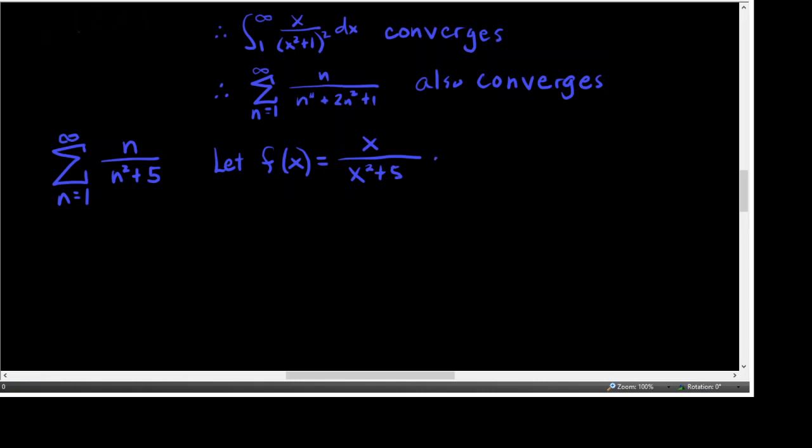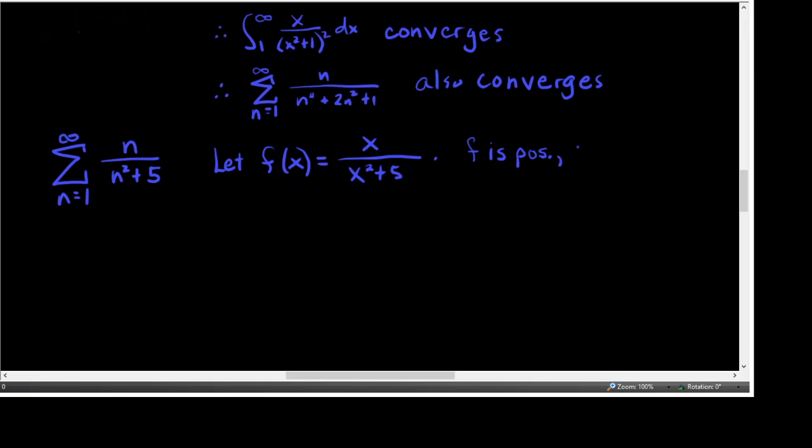If x is 1 or bigger, the numerator will be positive. The denominator is positive anyway, so that means that f is positive as long as x is going from 1 to infinity.